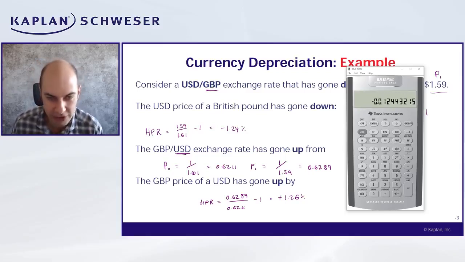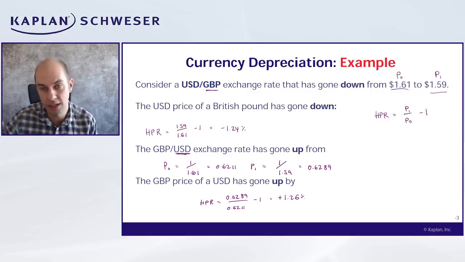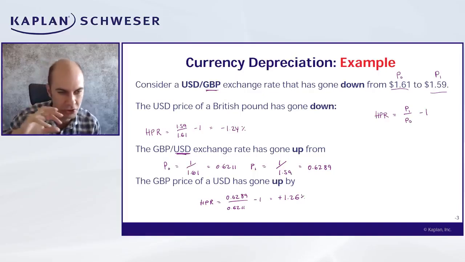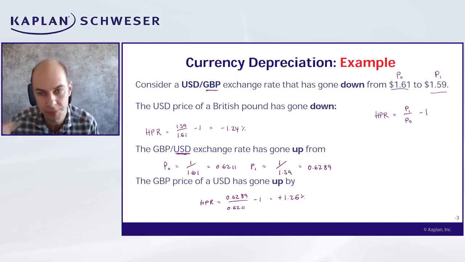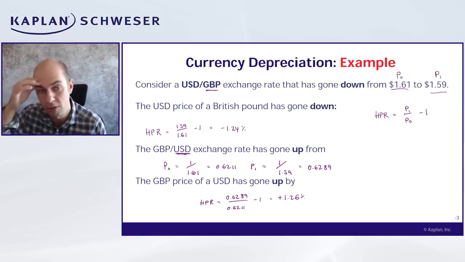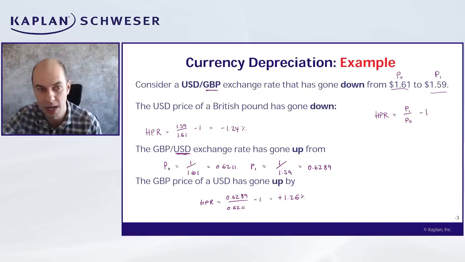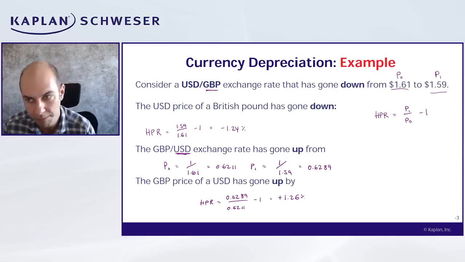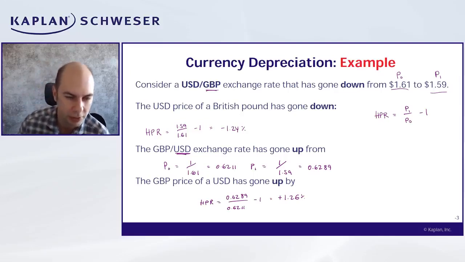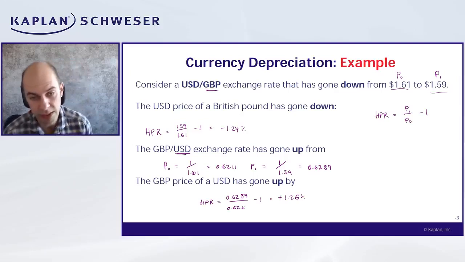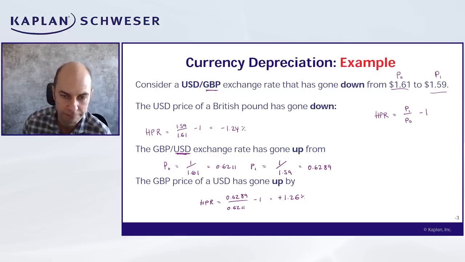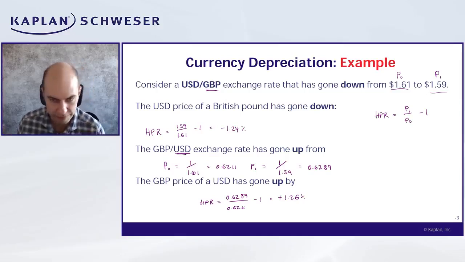So I love this trick, especially if the pairs are not quoted the way I like them to be quoted. I just go ahead and calculate the HPR the way they're quoted. So for example, in the original question, the base is the pound. So I'm going to calculate the HPR on the pound. Once I've got the HPR on the pound, I'm just going to use my little trick here to calculate the HPR on the dollar, if that's what they're asking, right?